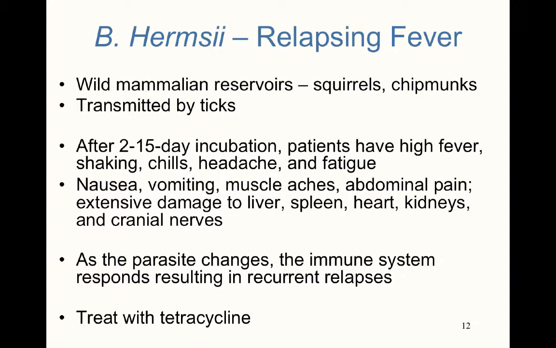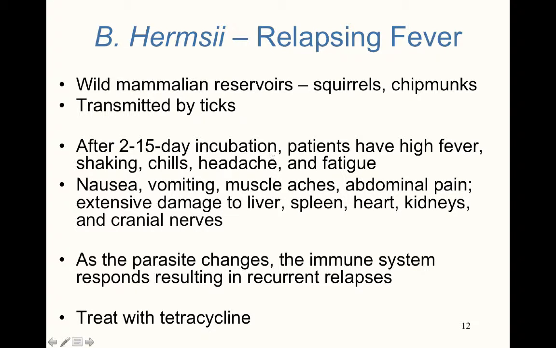So as far as relapsing fever, the reservoirs for Borrelia hermsii are squirrels, chipmunks, and it is transmitted via ticks. So again, there's this oscillatory fever pattern. There's anywhere from a 2-day to 2-week incubation period.